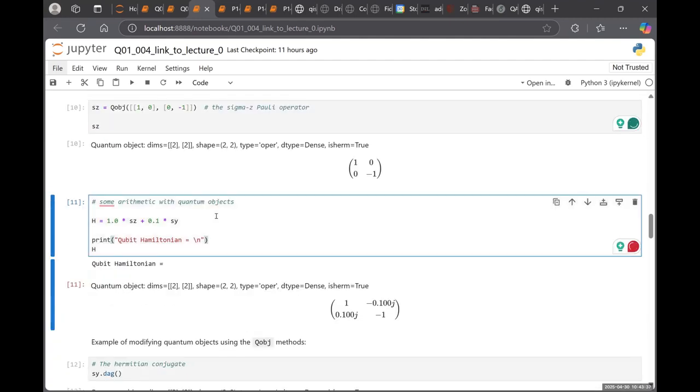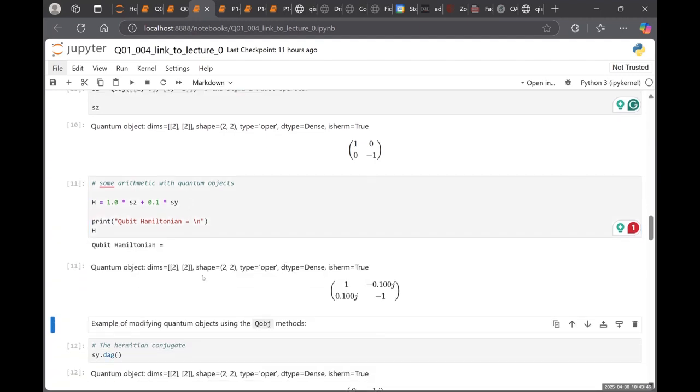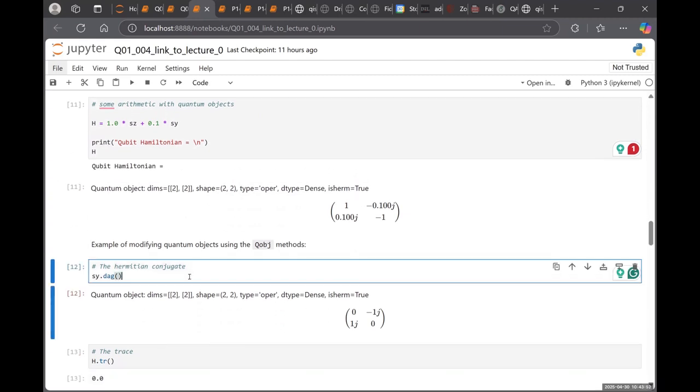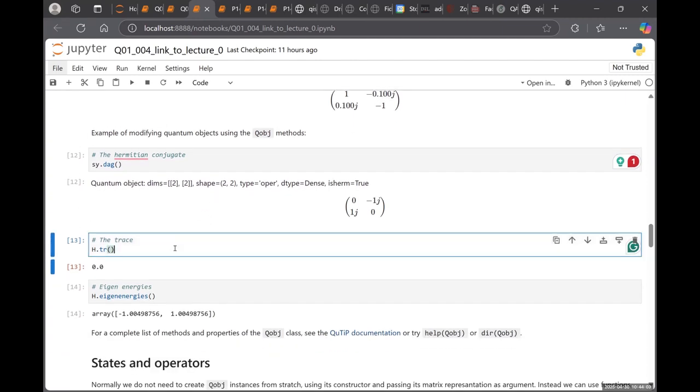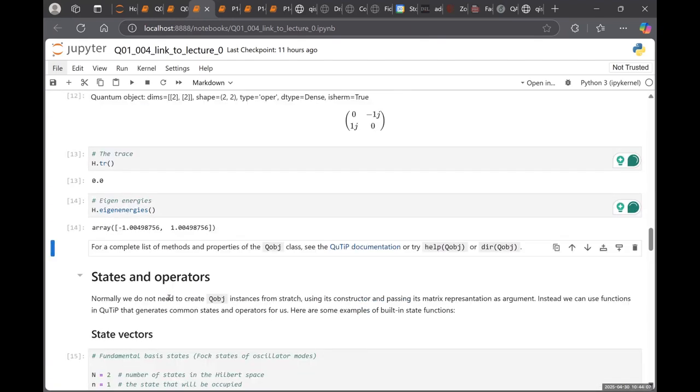And then you can construct, for example, a Hamiltonian. So basically you can directly take the linear combination of these Qobjs. You could also do the dagger, the Hermitian conjugation. You can do the trace, and you can get the eigenenergies.